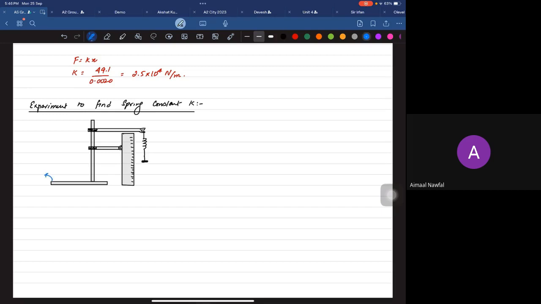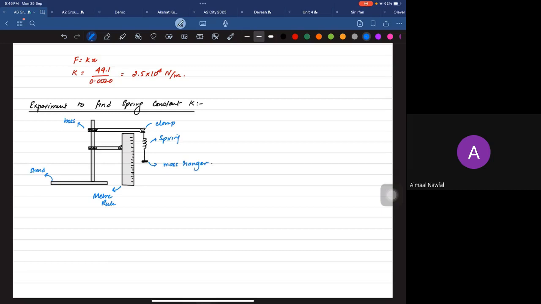This is your stand. This is boss. This is your clamp. This is meter rule. This is the spring, and that would be your mass hanger. It's called mass hanger.